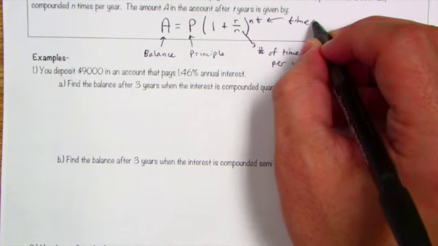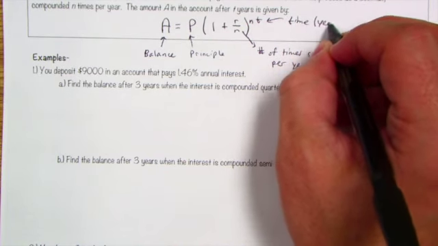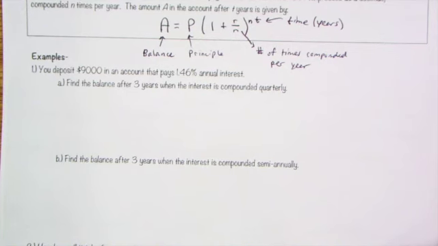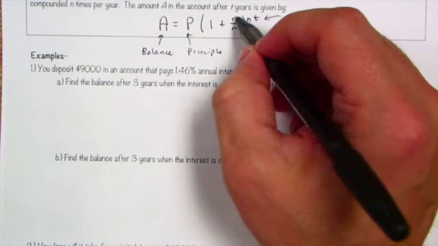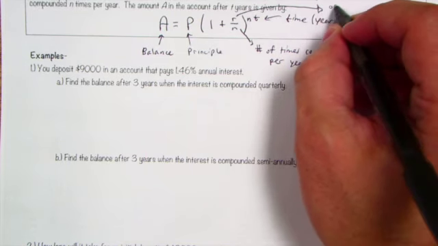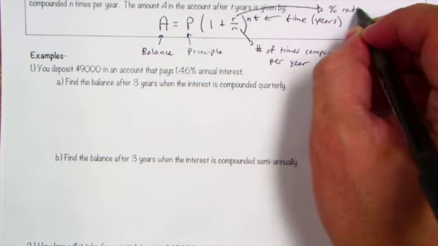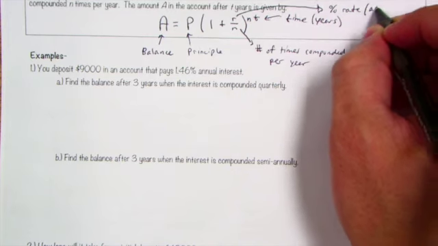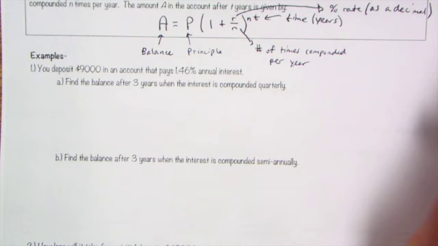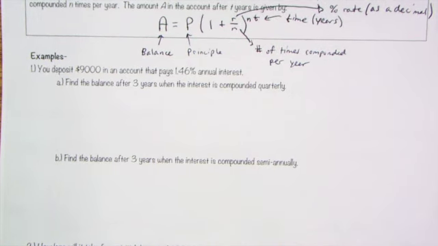But more specifically, it's time in years in this formula. Oh, forgot one. R. R is what you might think it would be. R is your percent rate, and it has to be as a decimal.